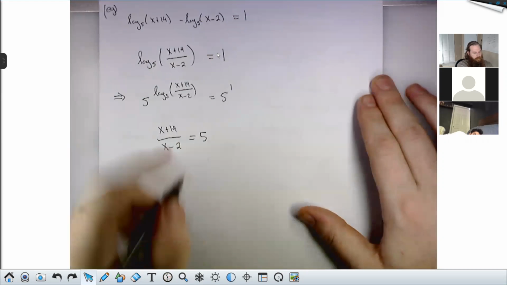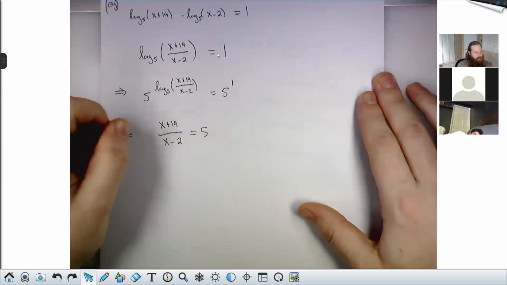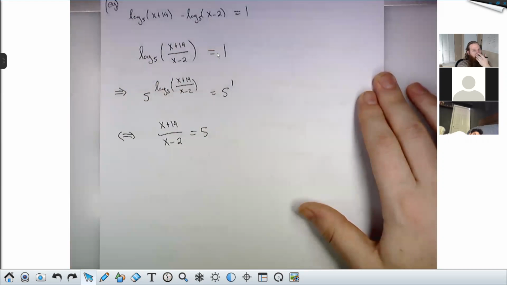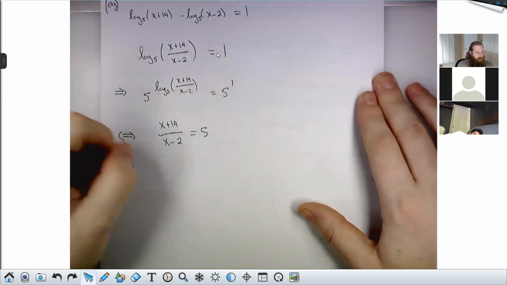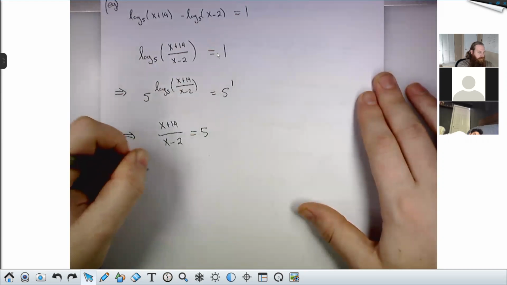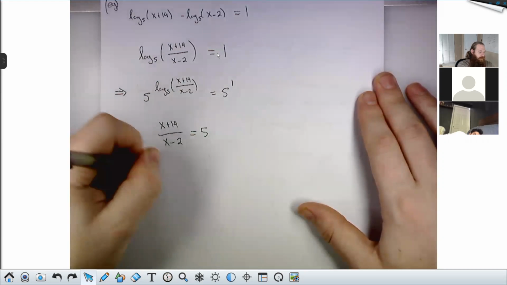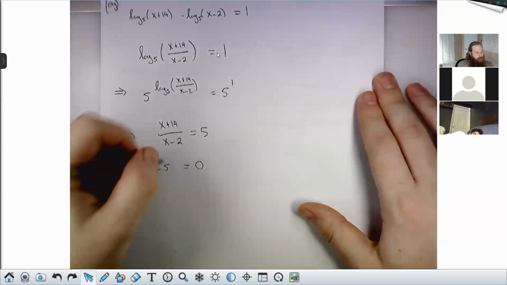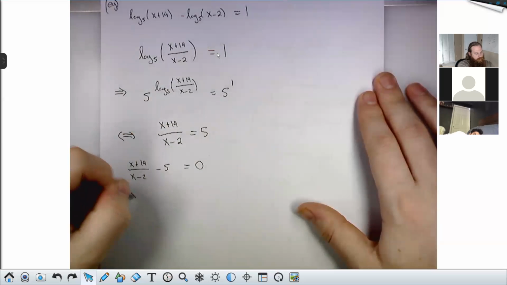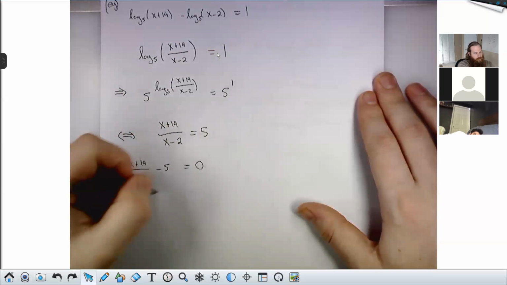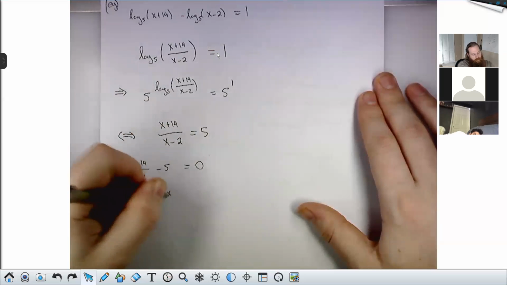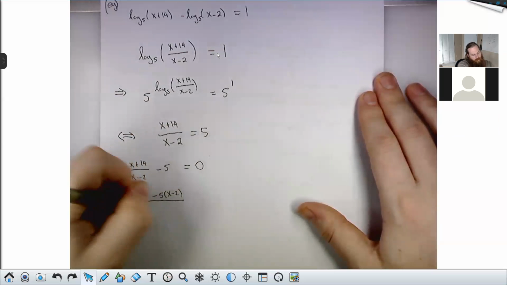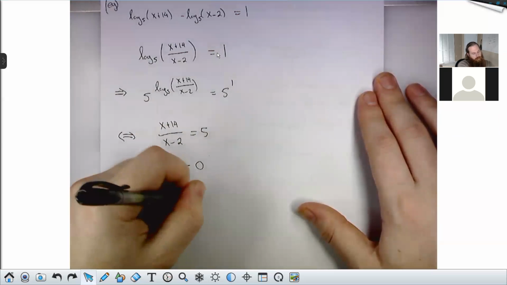Now to finish things, I would bring the 5 over to the left, solve this just like any other rational equation. This is x plus 14 over x minus 2 minus 5 equals 0. The 5 I can multiply by x minus 2 over x minus 2, and I get x plus 14 minus 5 times x minus 2 all over x minus 2 equals 0.